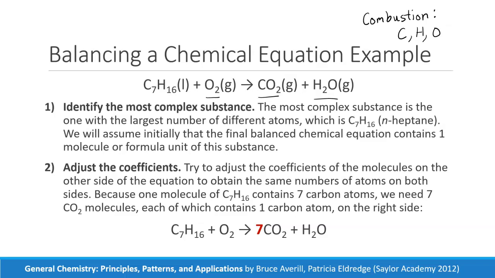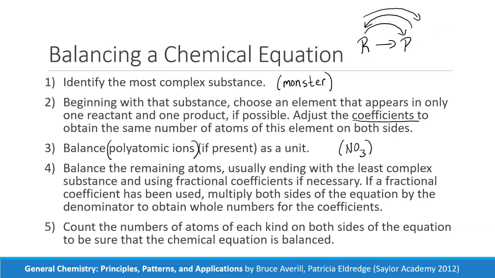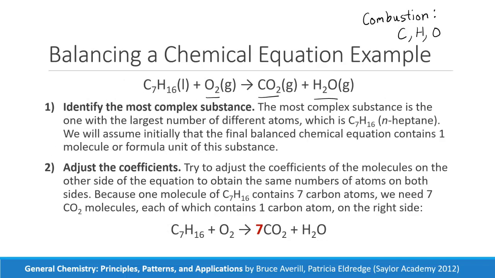Okay? And another reason that you notice that is based off of the tips that we looked at. If you look in step 4, it says to end with the least complex substance. Well, the least complex substance in this case is O2, okay, because it has only one type of element in that reactant. And so I'm going to end with O2, or oxygen. That's the last element that I'm going to try to balance.